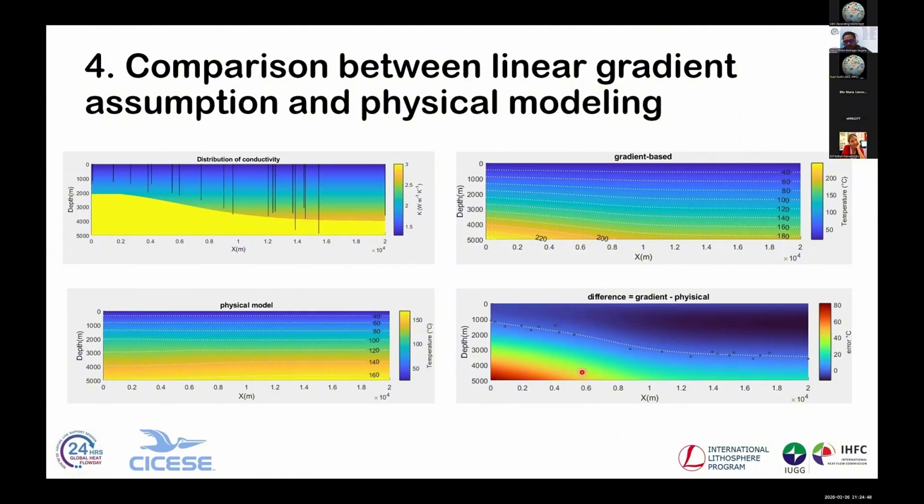I have a really big thermal anomaly on the left side of my model, but in the physical model, in the real case, I don't have any thermal anomaly on that side. So the geothermal gradient-based approach, when we have this kind of structural control in the well depth, can lead us to create some kind of artificial anomalies at depth.